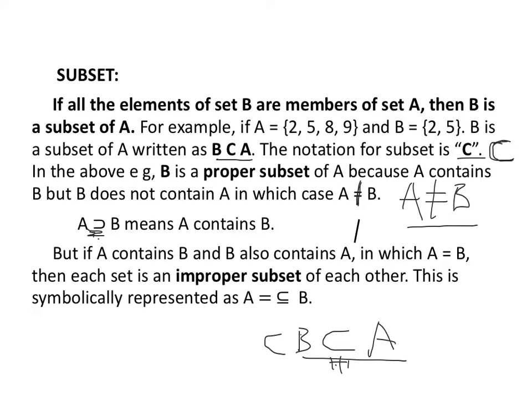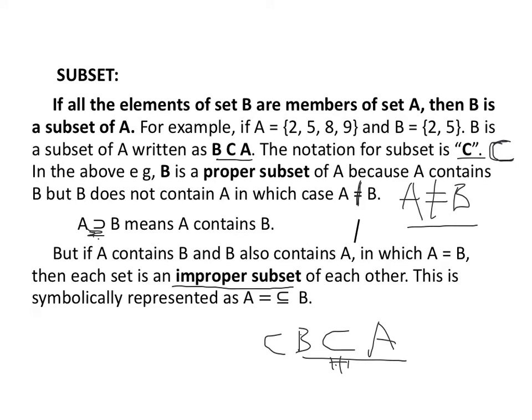But if A contains B and B also contains A, in which A is equal to B, then each set is an improper subset of the other.